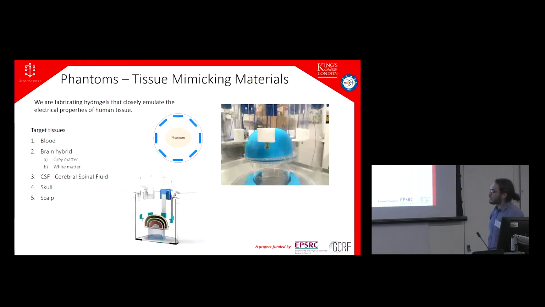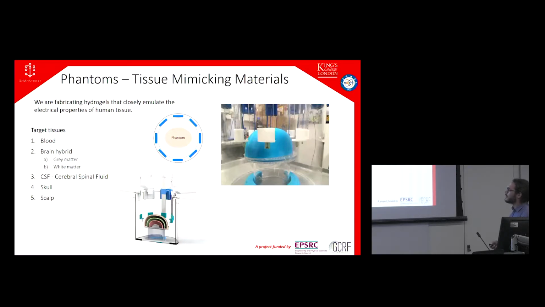On the right, we can also see a 3D printed ellipsoid that's very close to the brain size. This 3D printed model is inserted in the middle of the tank, shown here.